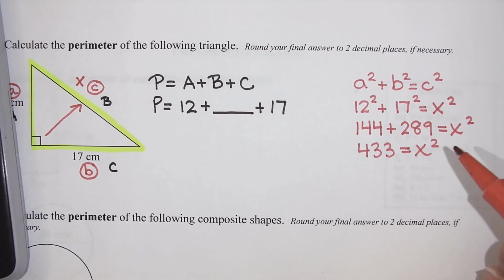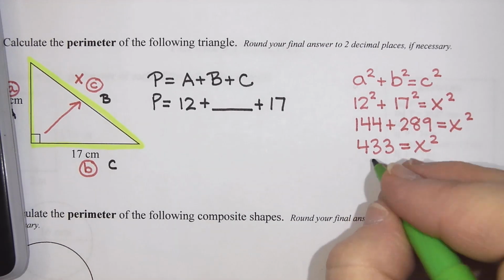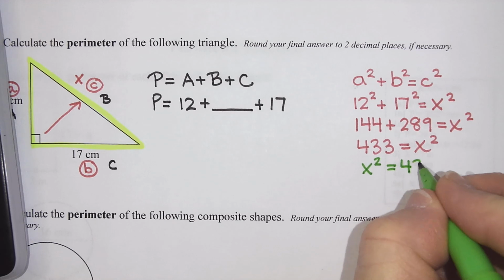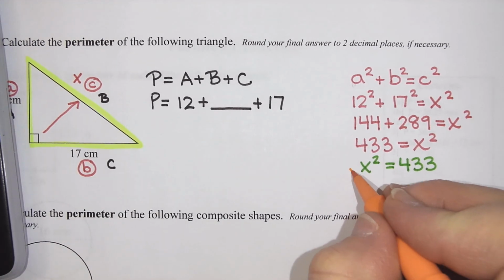If you would prefer to have the x on the left-hand side, you can trade the sides and do x squared equals 433. If you don't mind having the x on the right-hand side, then I would just move ahead to the next step, which is to square root both sides.